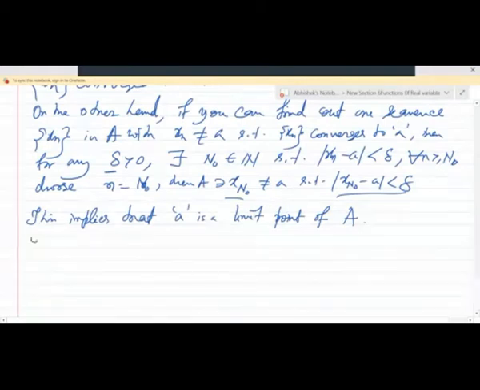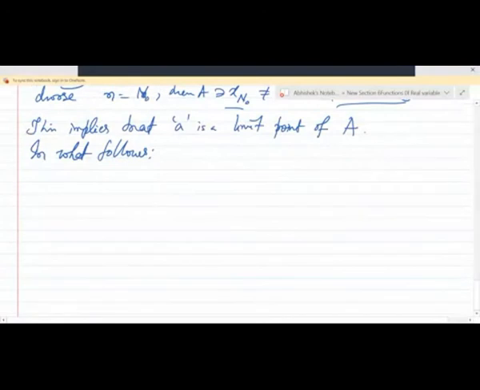So in what follows, you have this theorem. What is the theorem?